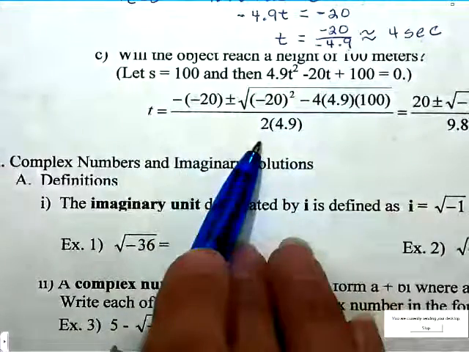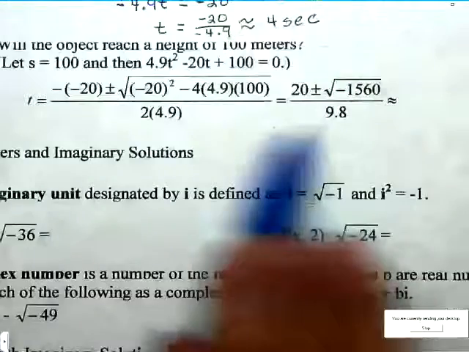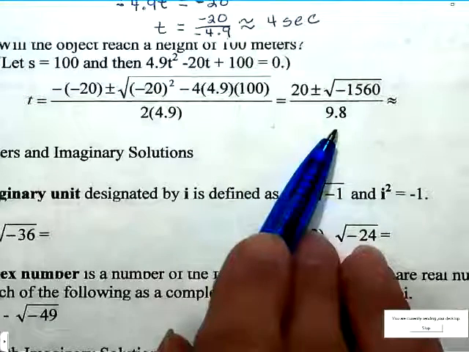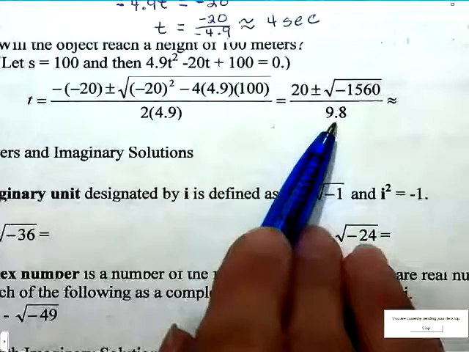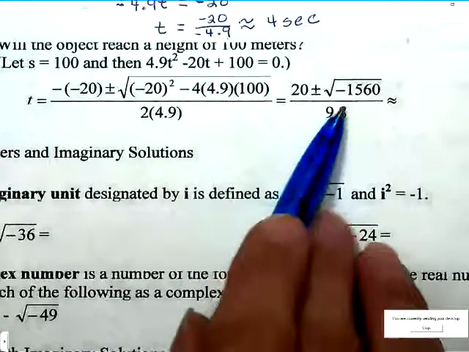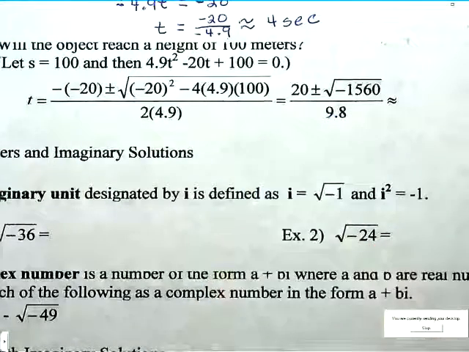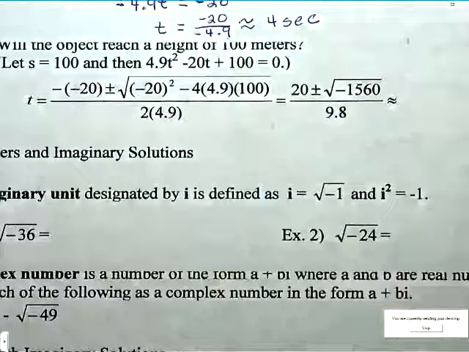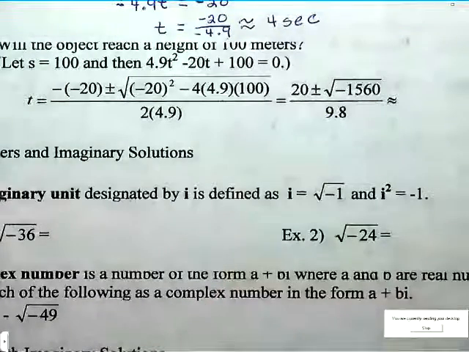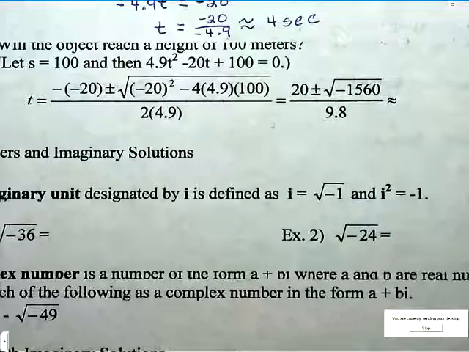Simplify and simplify until you get right here, and then go, whoa, what does that mean? What happens if I punch square root of negative 1,560 on the calculator? I get an error. My calculator can't do that, because I can't take the square root of a negative number unless I know about imaginary numbers. And that's what is in the next section.